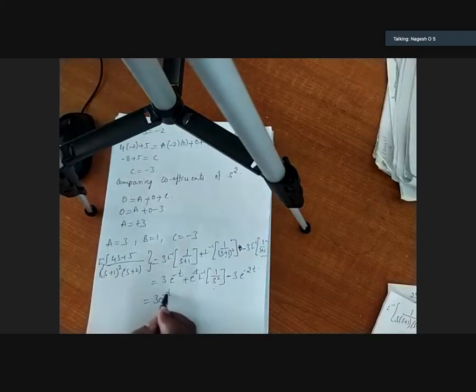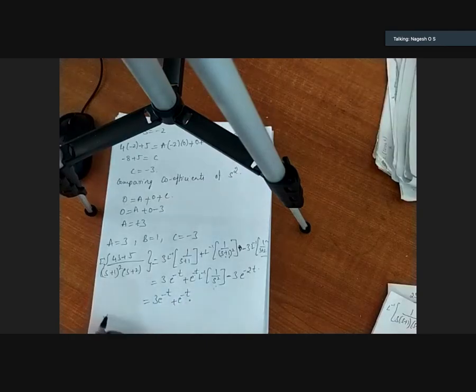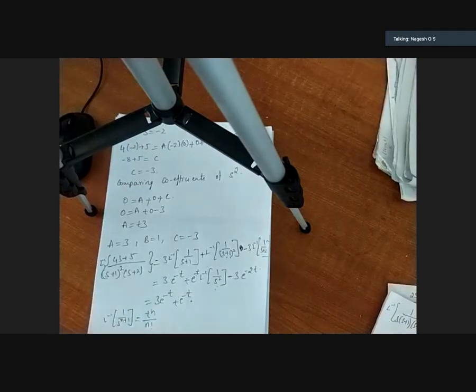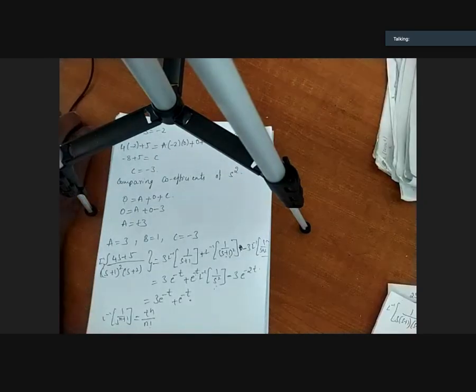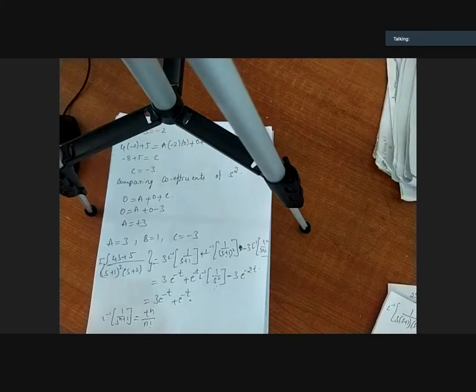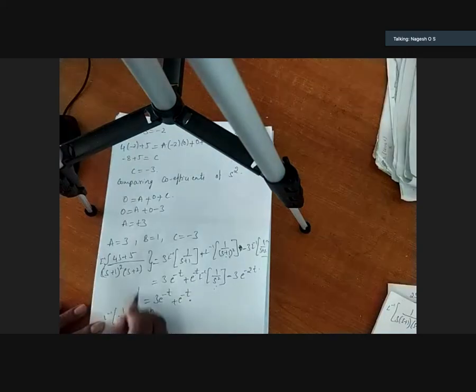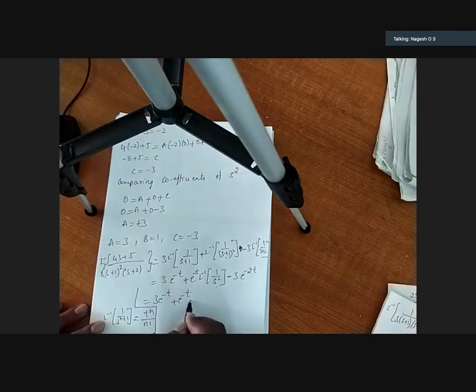L inverse of 1 by s power n plus 1 is t power n by n factorial, so that is t.